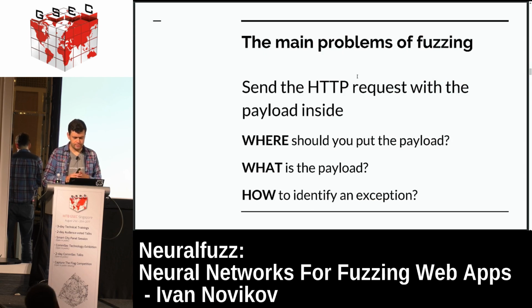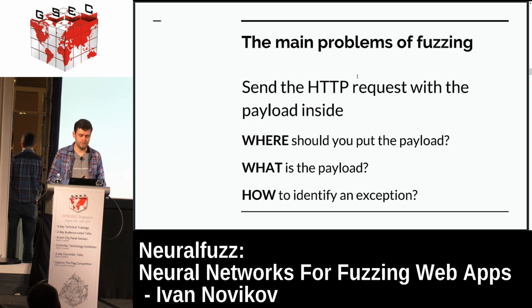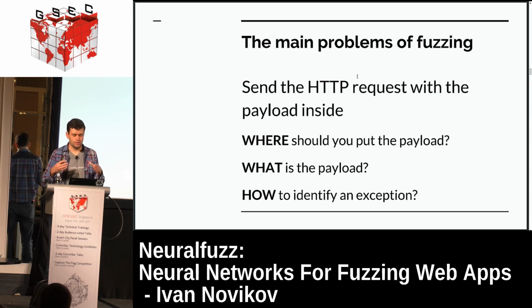Actually, we have three main problems of any fuzzing, and especially for web apps. We should understand where we should apply the payload, which means that we should analyze the data, analyze HTTP requests, and find the right place to put the data. We should understand what the payload is and how this data could look in a particular field to be able to do something.